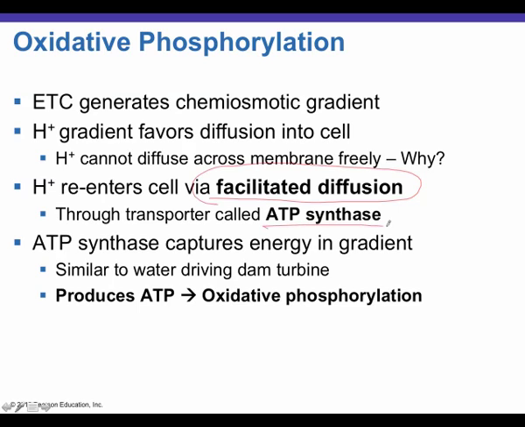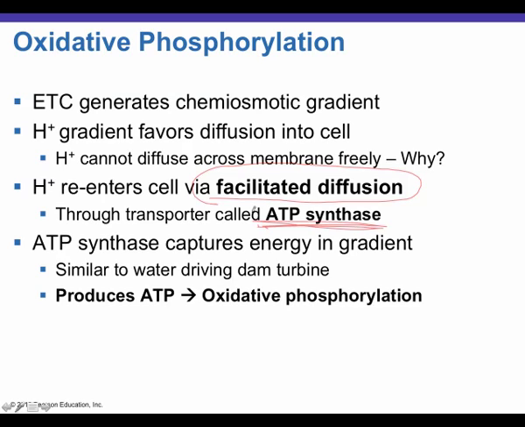And our transport protein here is called ATP synthase. Now let's look at the name of this, ATP synthase. Right? We know that's an enzyme because it ends in ASE. And it synthesizes something. What do you think it synthesizes? ATP, that's right. So ATP synthase is actually able to capture the energy in that chemiosmotic gradient and produce ATP.